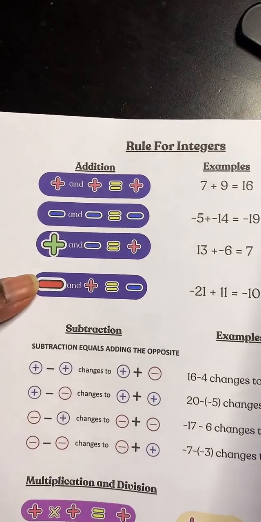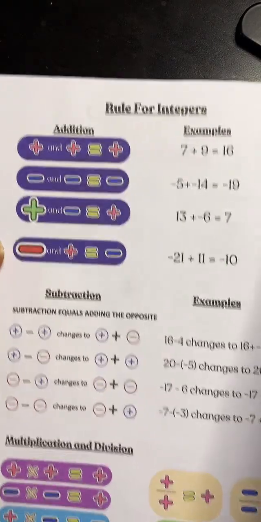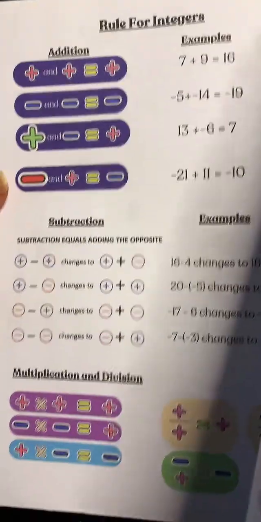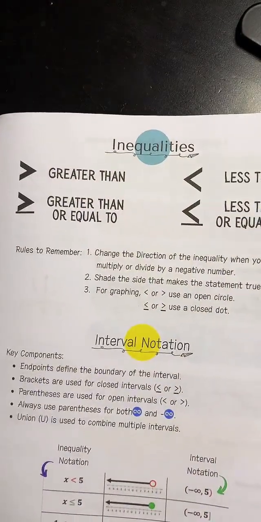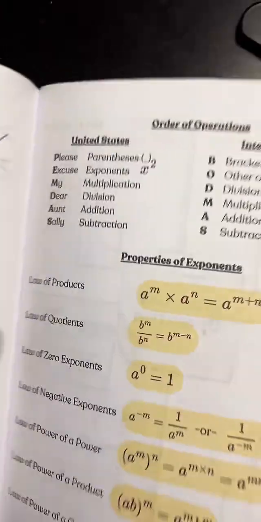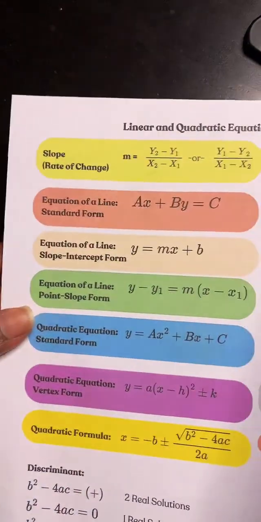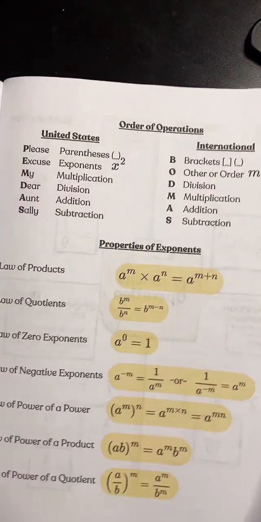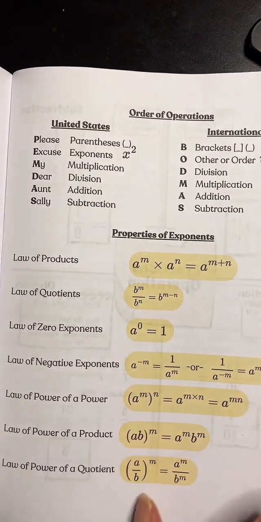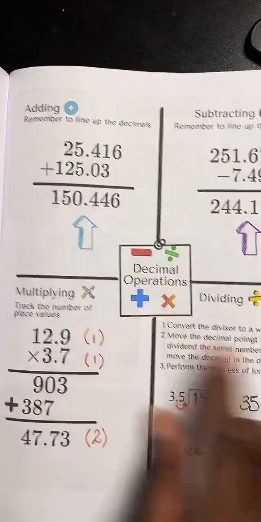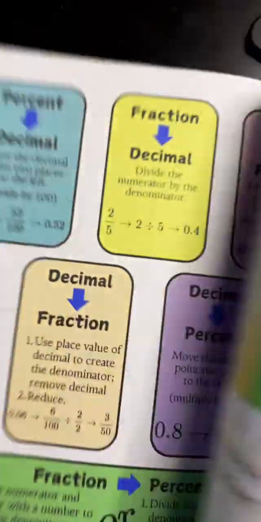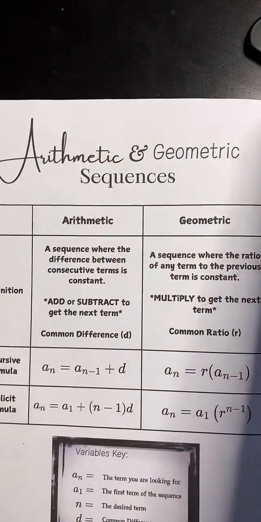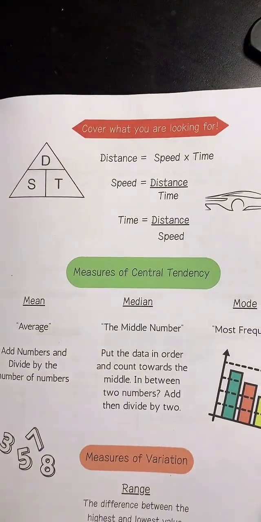Here's one thing that everyone needs, the rules of integers, okay? From adding, subtracting, all the way to multiplying and dividing. You have your integers, your intervals, your linear, your quadratics. We already took a look at this one, but it also has the exponents. We're looking at the decimal operations, fraction operations. So everything that you kind of remember, but you may need some resources.